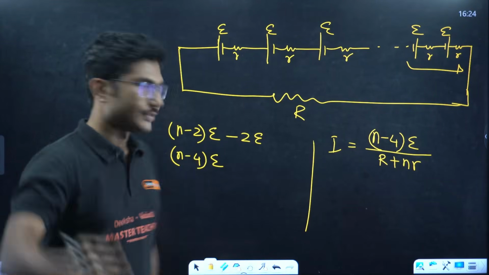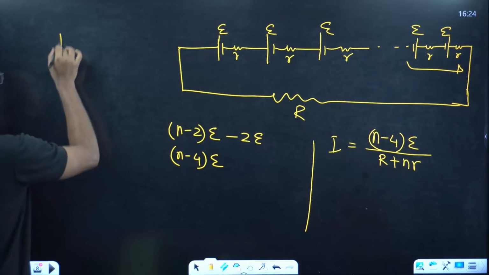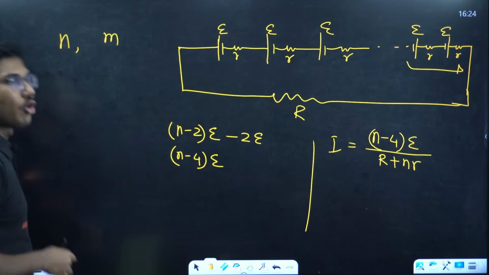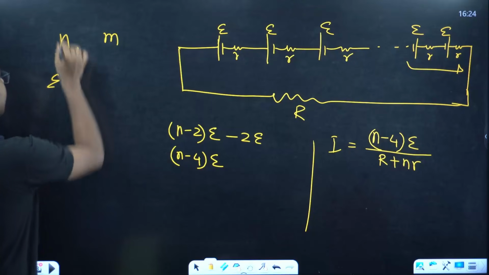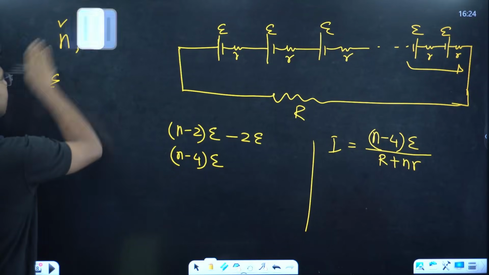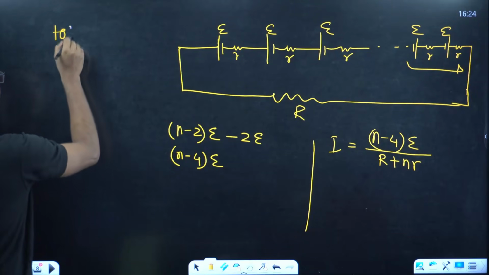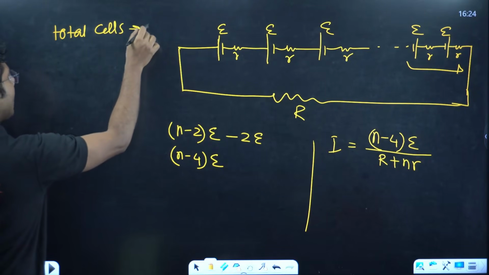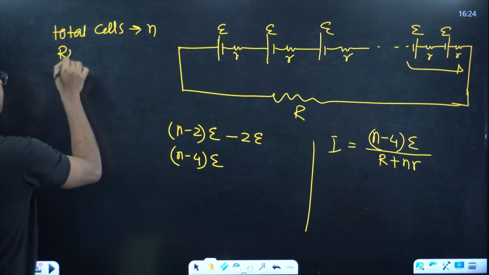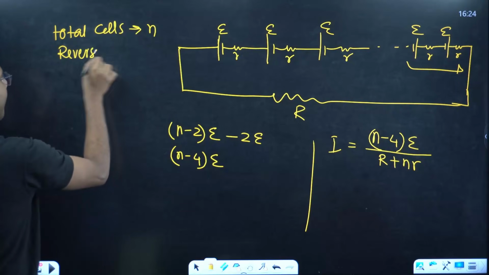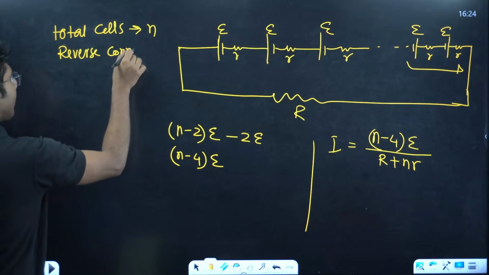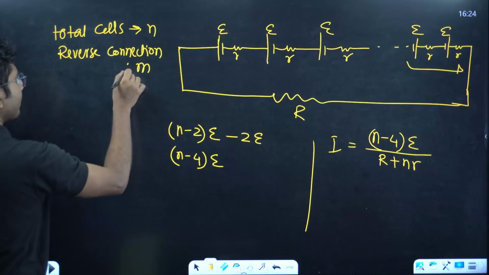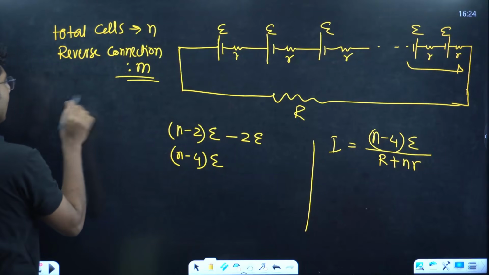So if N number of cells are there, out of which M cells are wrongly connected, that is, total cells are N and reverse connections are M, then what is the EMF?